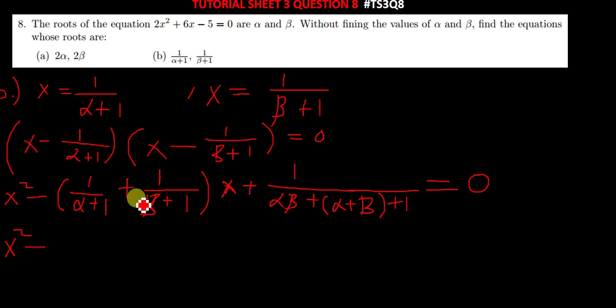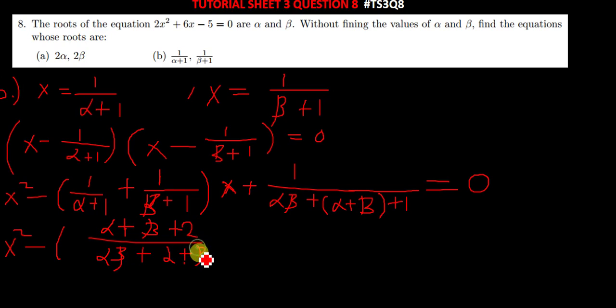So when you simplify this, you're going to have something like this, 1 over, so not 1, but you're going to have alpha plus beta, when you simplify that, and then plus 2. Then everything divided by alpha beta plus alpha plus beta, and then you have plus 1 this side.